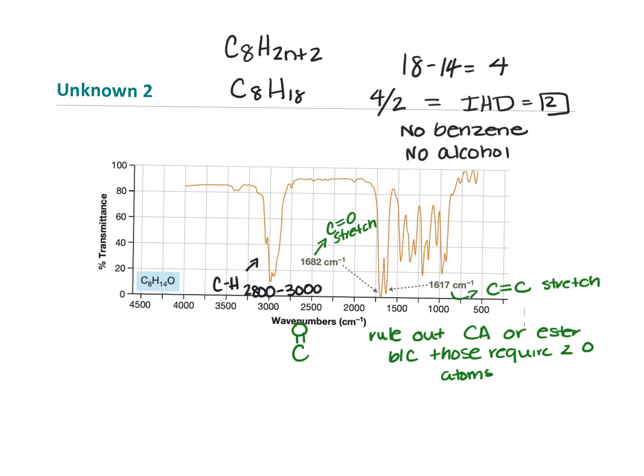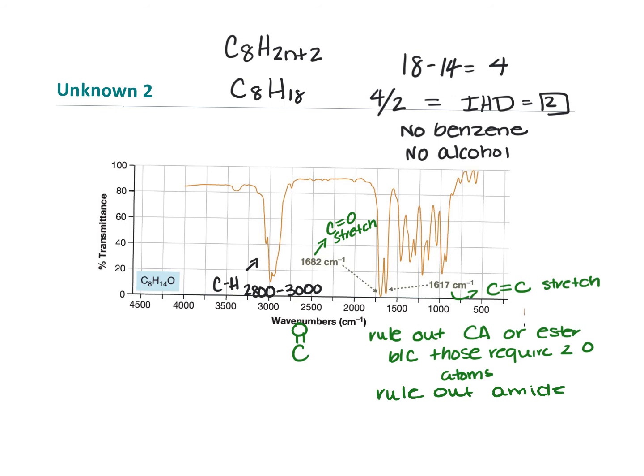We can also rule out an amide because there are no nitrogen groups here. There aren't going to be any OHs. We've already said that. No alcohols. We can also say there's not going to be any NHs. We don't see that stretch.